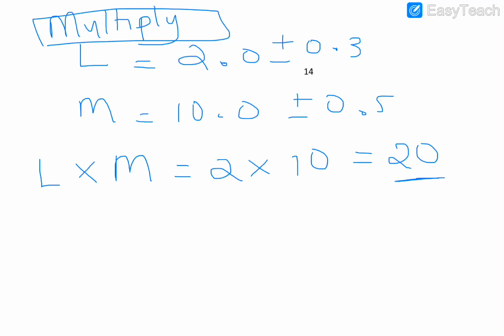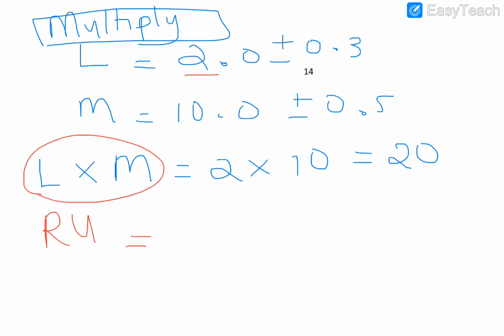Now, for me to get the uncertainty associated to this, I will need to find the sum of the relative uncertainties. So the relative uncertainty associated to this would be equal to the relative uncertainty of this, which is 0.3 divided by 2.